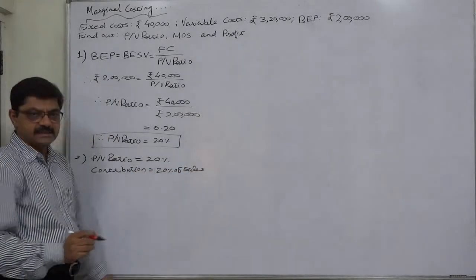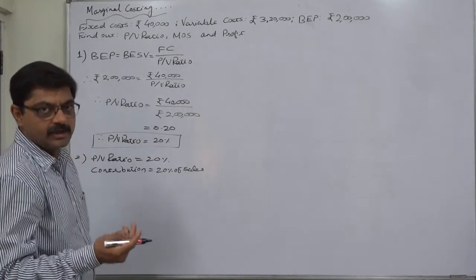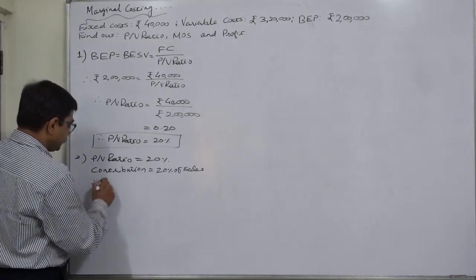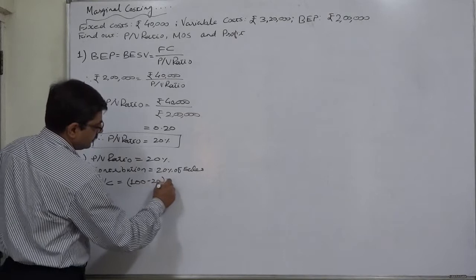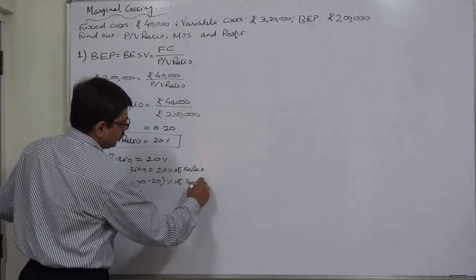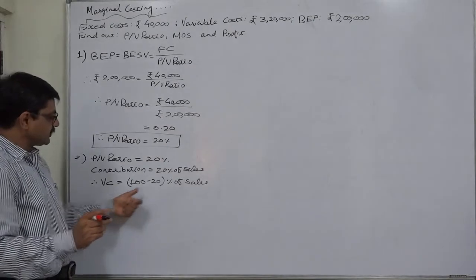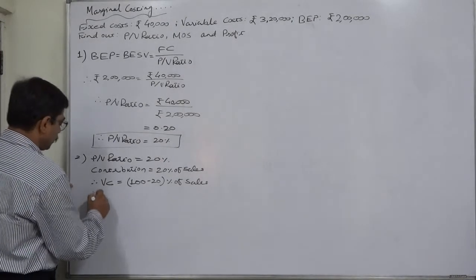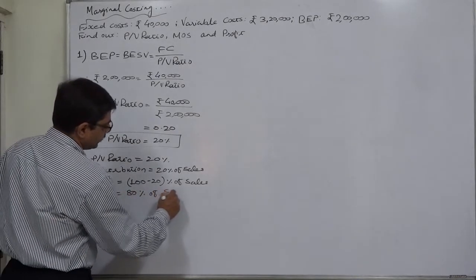That means if sales is taken as 100%, contribution is 20%. What about the remaining 80%? That means the variable cost is the remaining 80%. Because if contribution is sales minus variable cost, then variable cost must be sales minus contribution. So variable cost comes to 80% of sales.